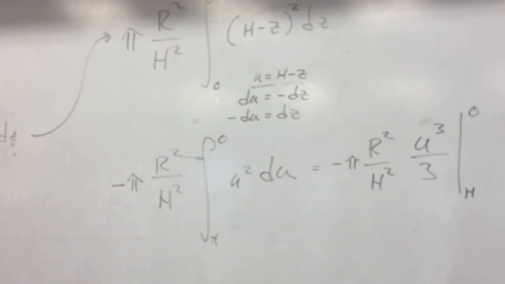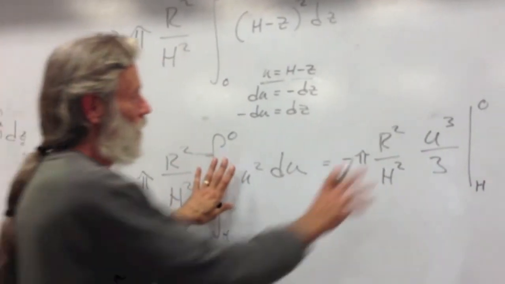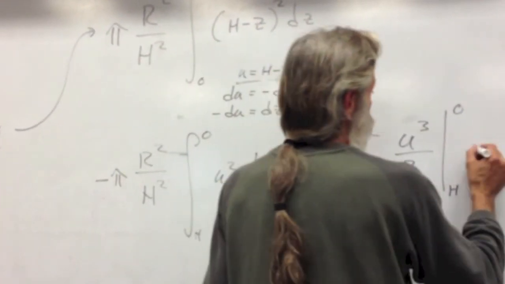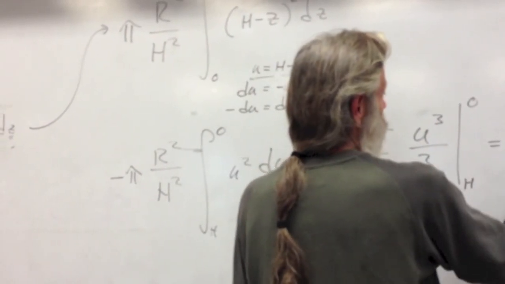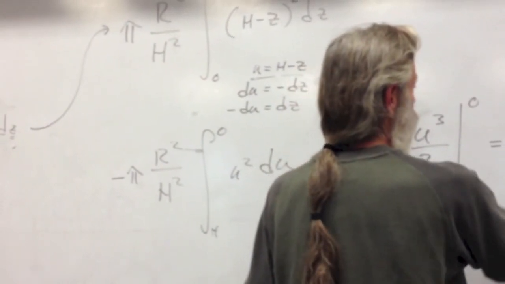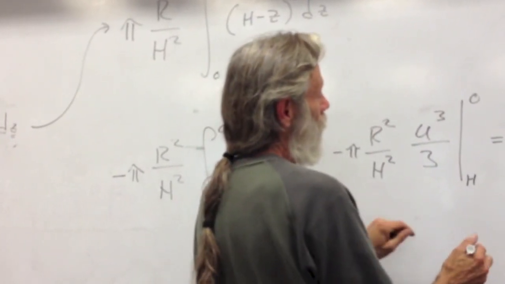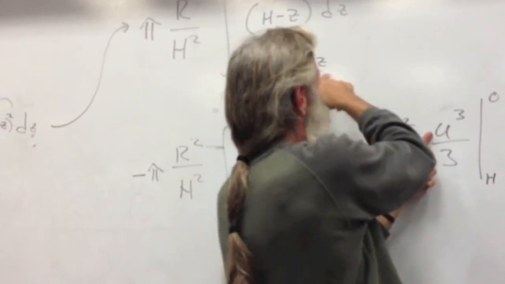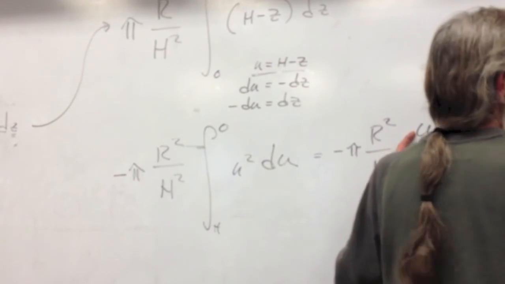Now, depending on how you like to do this, some folks don't even bother with the limits here. They just go back to writing in terms of z, which you can do. In other words, you can say, I have a minus pi over 3 times r squared over h squared, taking the 3 out, and then you have u, which is h minus z, cubed.